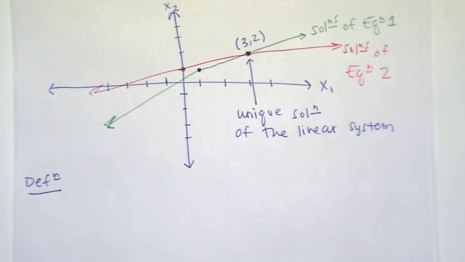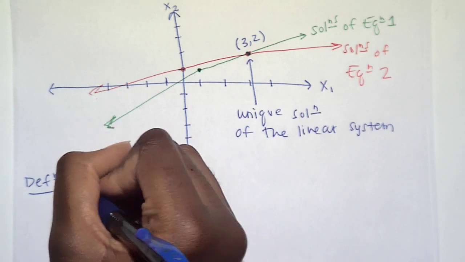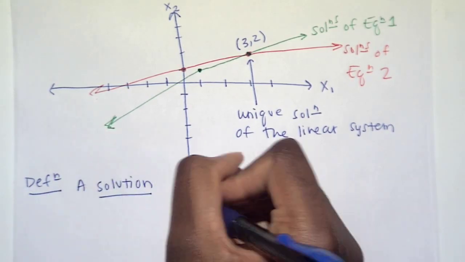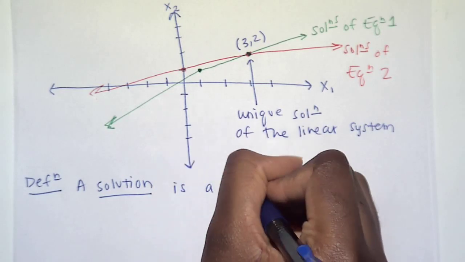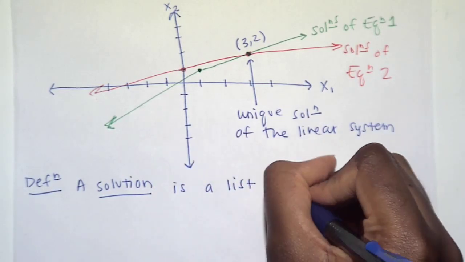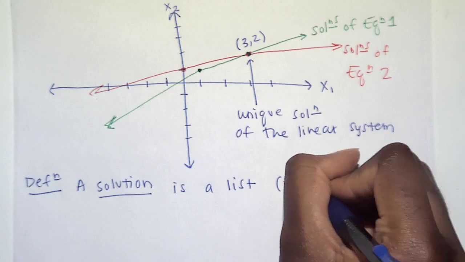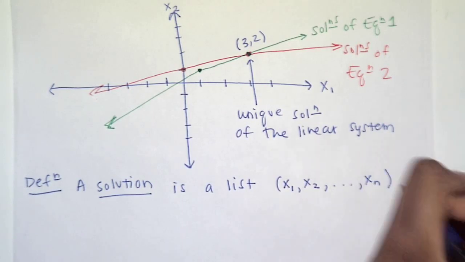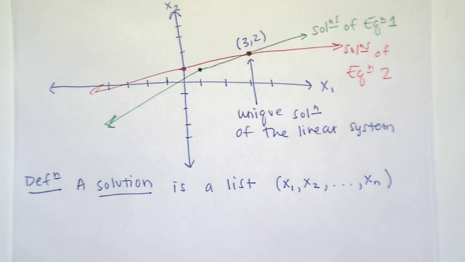Okay, so a solution is just a list x1, x2, all the way to xn.